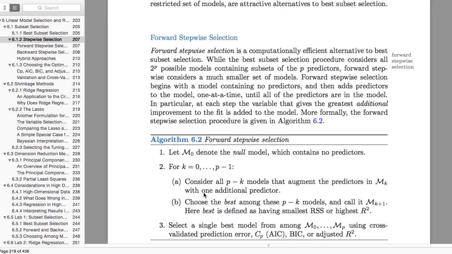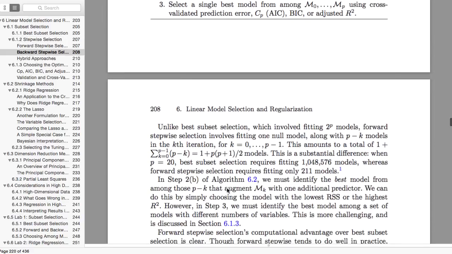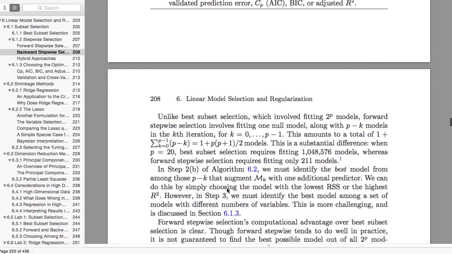And we just add the one that works the best. So this is a greedy method. It simply takes the way forward that looks the best, and that's not necessarily the best.